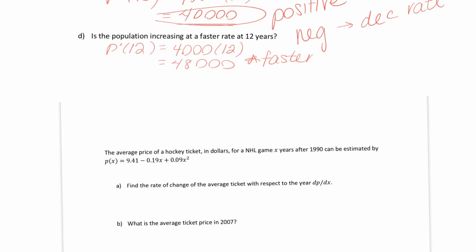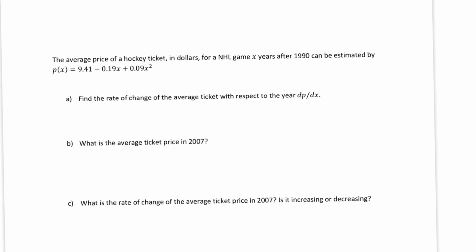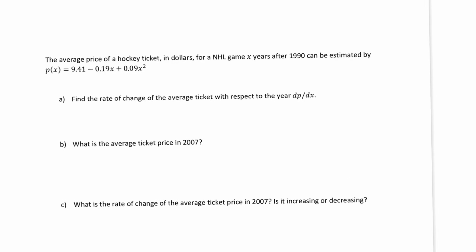Okay, so let's try another one. The average price of a hockey ticket in dollars for an NHL game X years after 1990 can be estimated by the function p of x equals 9.41 minus 0.19x plus 0.09x squared.